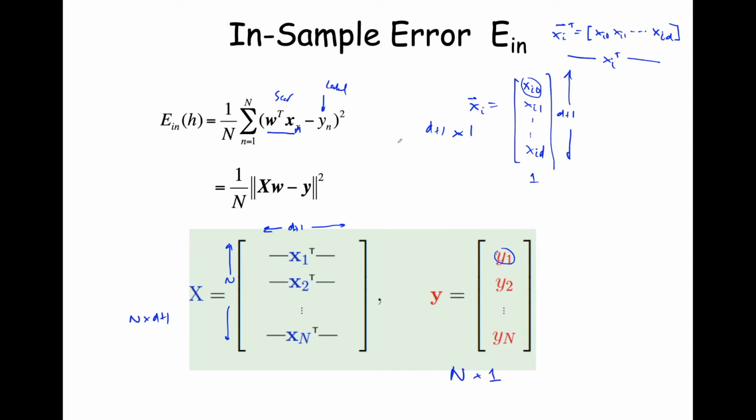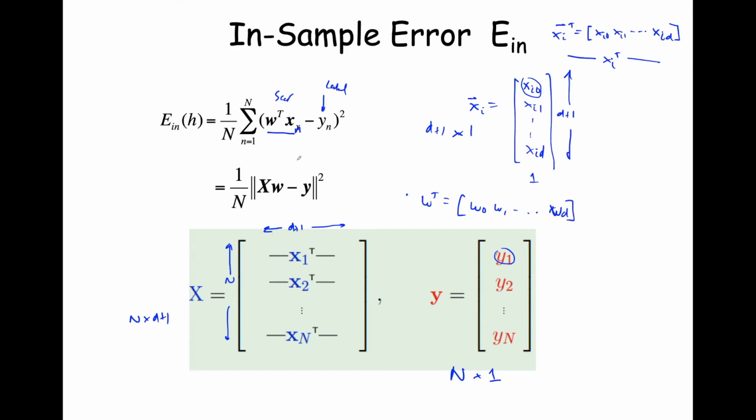And so we can have the same effect. This W transpose X for each one of these vectors is the same as taking our W vector, and again, W vector is a column vector, so W transpose is going to be a row vector consisting of W naught, W1, dot dot dot, up to and including WD.